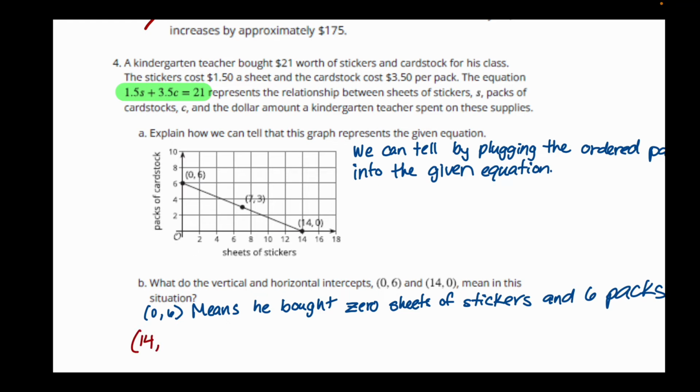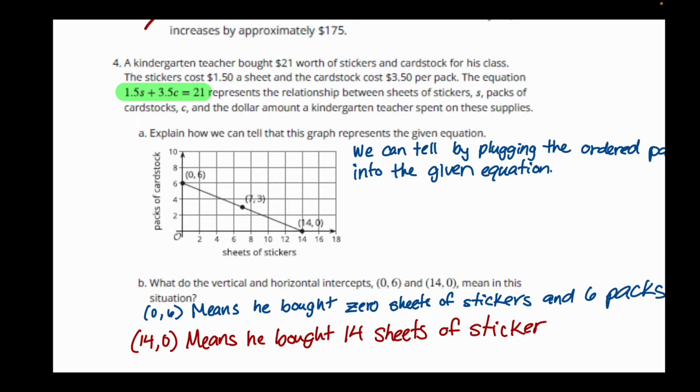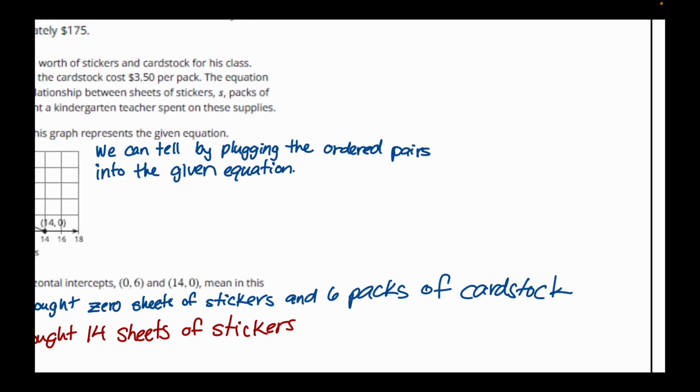So (14, 0) means he bought 14 packs. Oh, I'm sorry, sheets of stickers. Not packs, sheets. Sheets of stickers and 0 packs of cardstock.